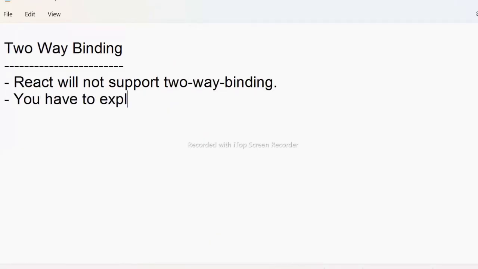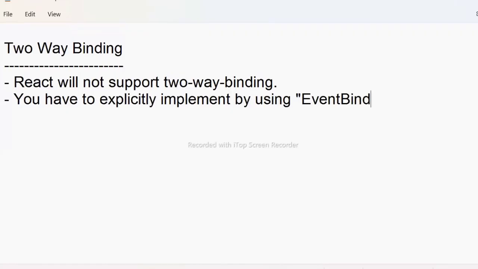You have to explicitly implement it by using event binding. So in order to learn two-way binding, first you have to know about event binding. Without knowing event binding, you cannot handle two-way binding. So you must be very perfect in JavaScript events and event binding techniques and methods in order to handle this point.